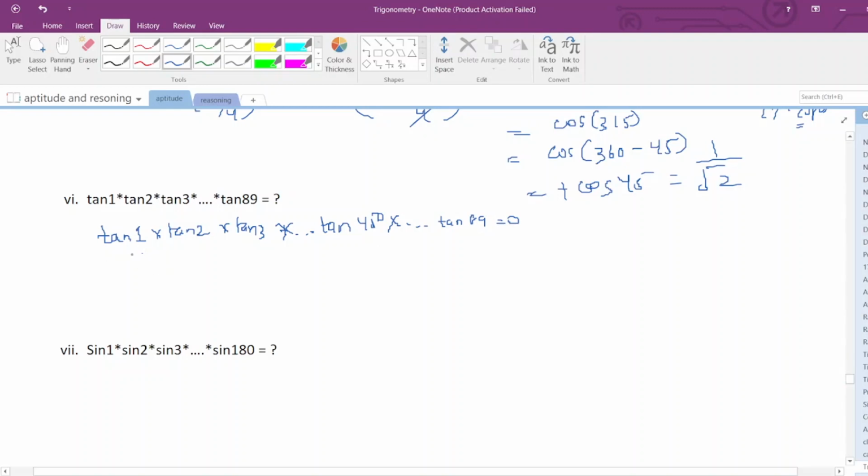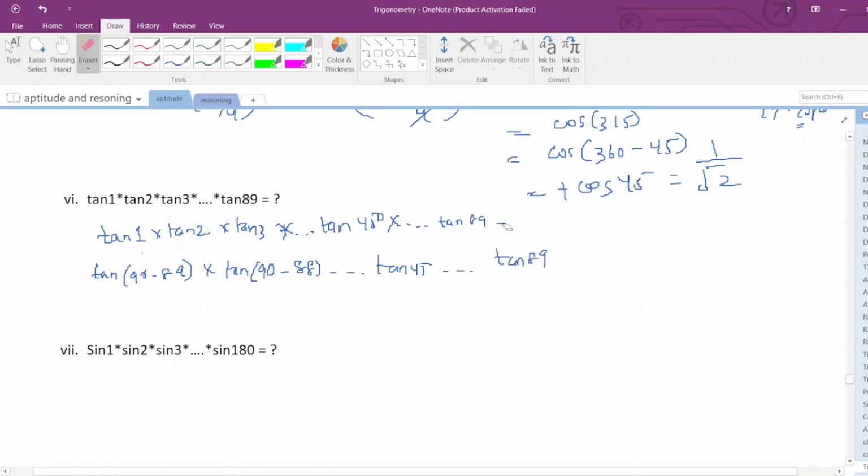Now see, how I write this: I write tan 1 as tan (90 minus 89), and tan 2 as tan (90 minus 88), and so on up to tan 45, and the remaining I keep as they are, up to tan 89, right?